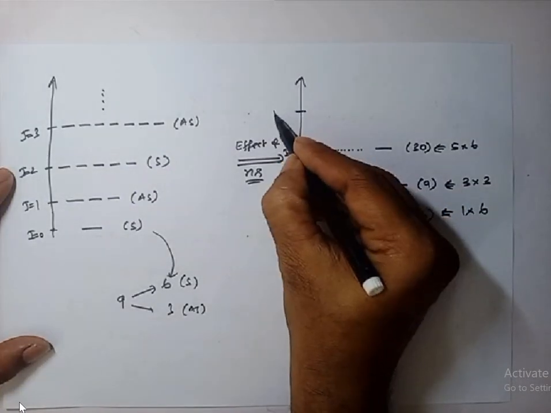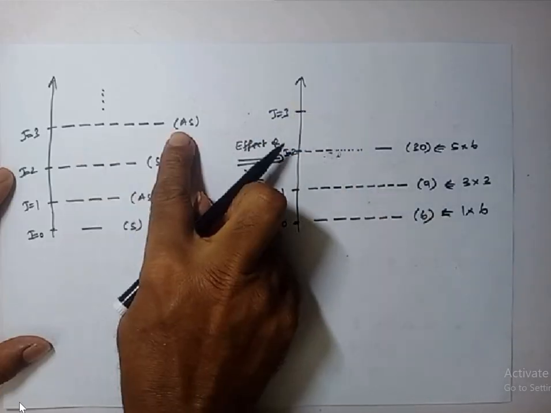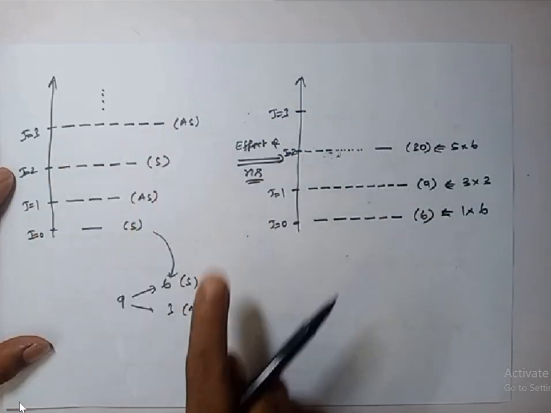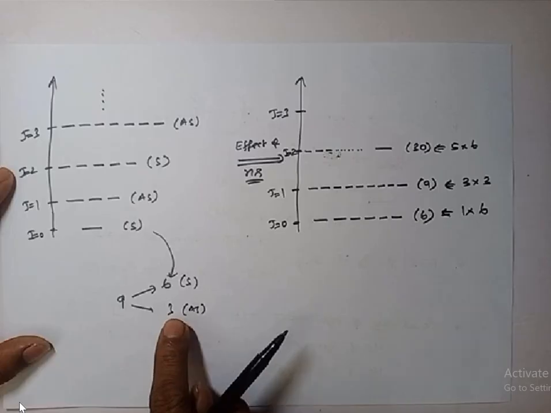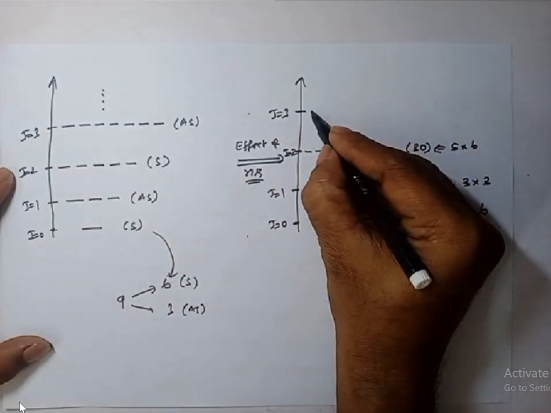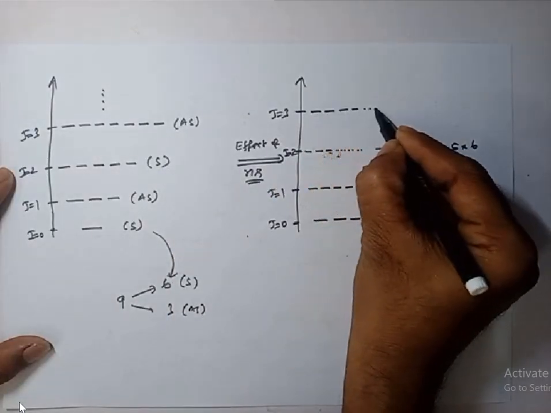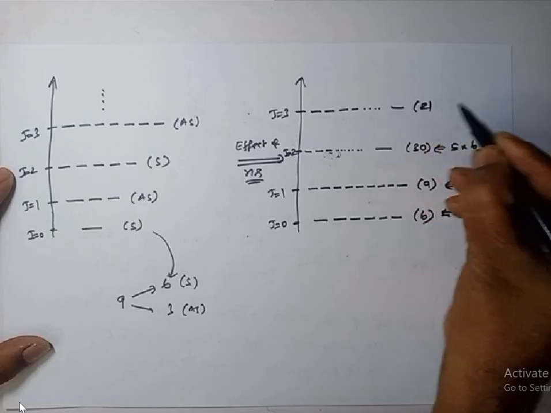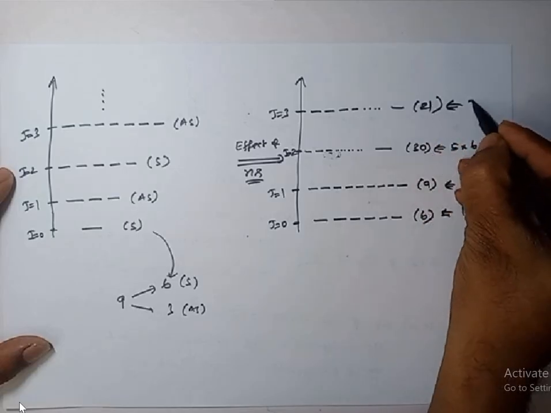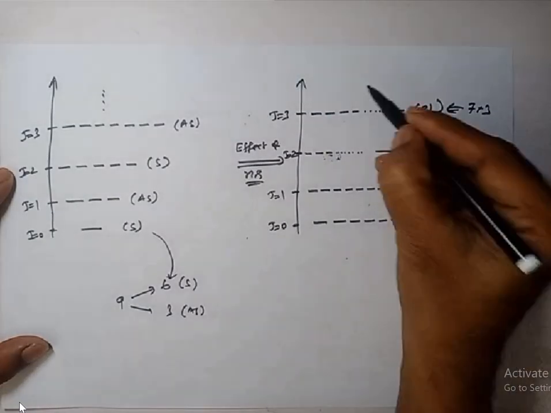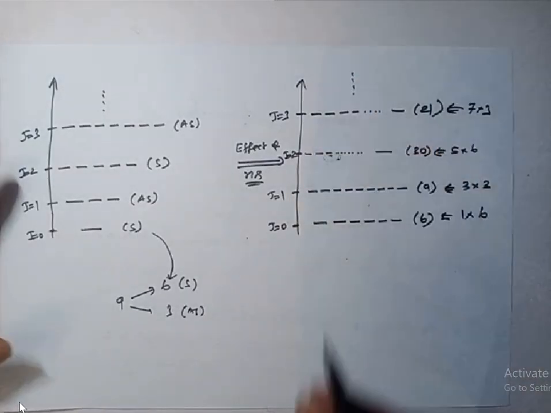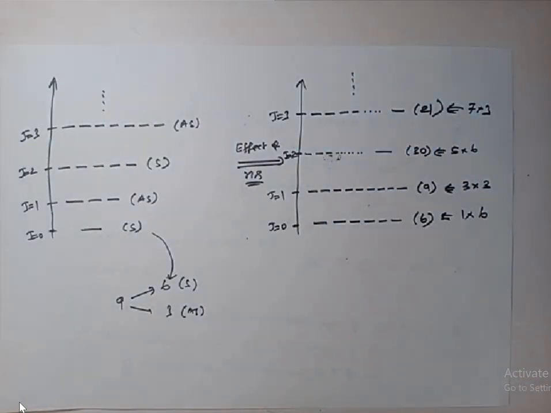Similarly, if you go to J equal to 3 level, J equal to 3 is antisymmetric. Here I have 7. Antisymmetric nuclear spin is 3. So 7 into 3, I'll get 21 states. Like that I have different levels with different degeneracies.